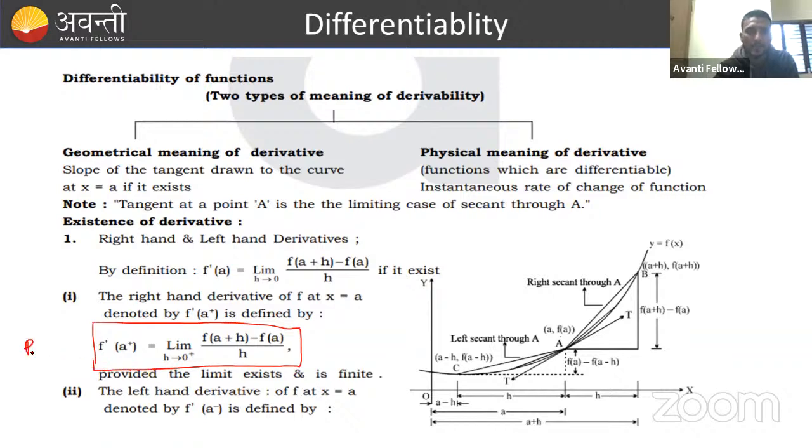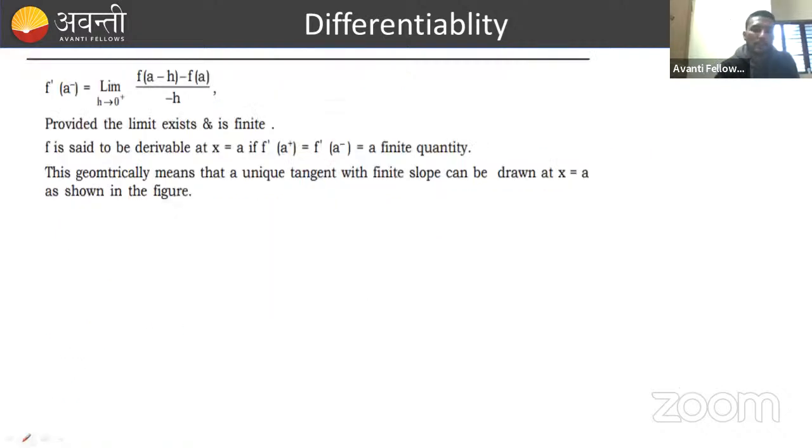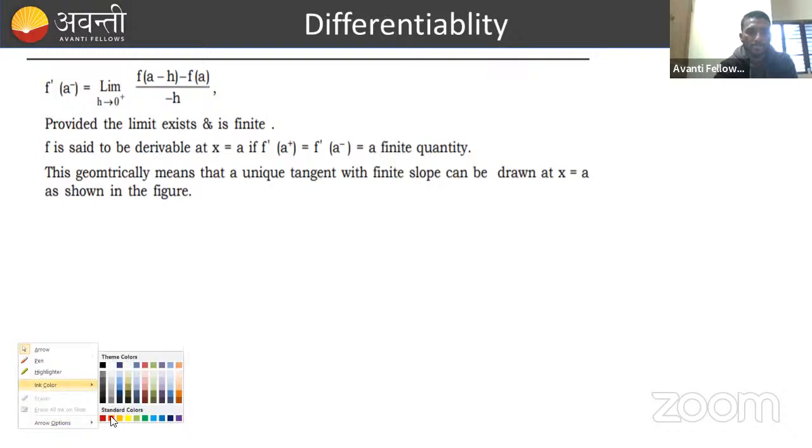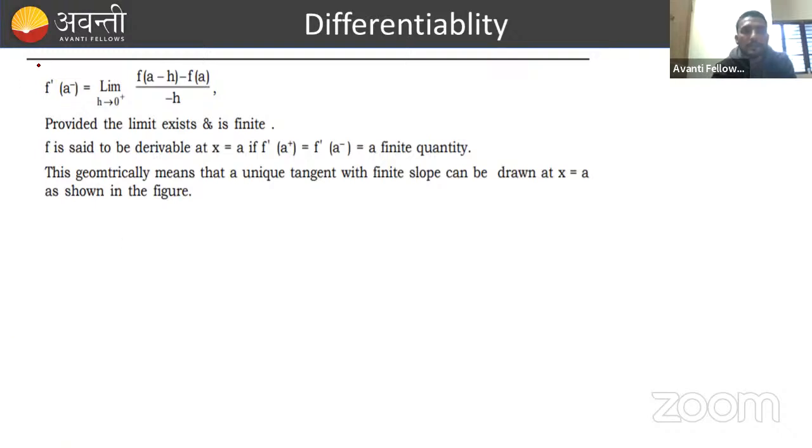For the left hand derivative, f dash a minus equals the limit of f of a minus h minus f of a, divided by minus h. The limit should exist and be finite.